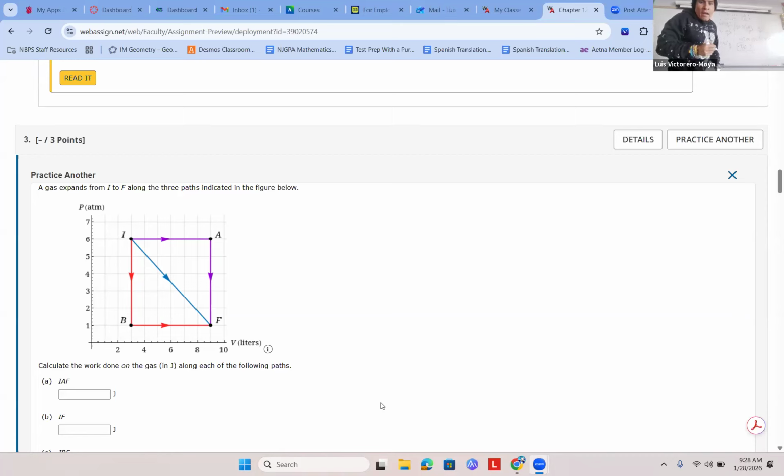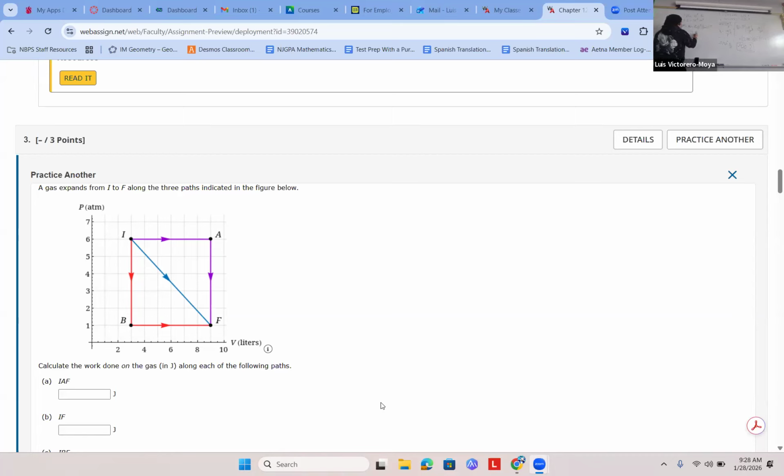So for IAF, the only work is from I to A. So from IAF, the work will be the pressure, 6 atmospheres, so 6 times 10 to the power of 5, multiplied by the change in volume. 9 minus 3, that's 6 times 10 to the negative 3.